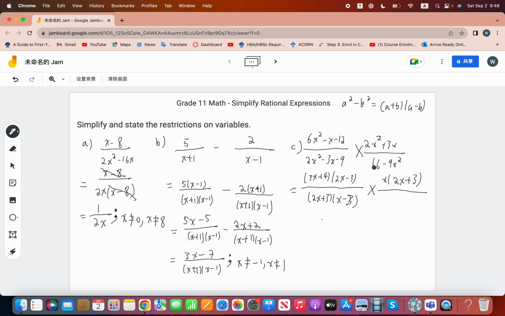So I rewrite 16 as 4 squared and rewrite 9x squared as 3x to the power of 2. So it's going to be 4 plus 3x times 4 minus 3x.